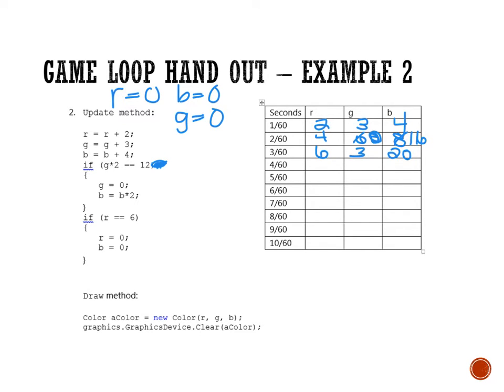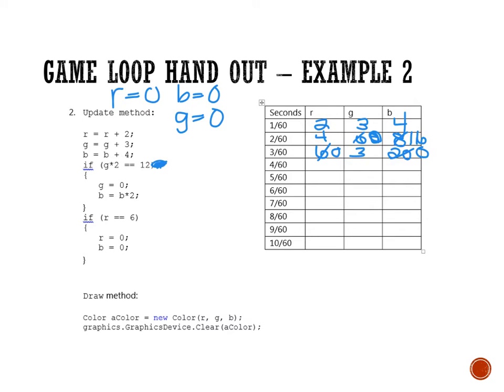Nope, that is not the case. If R is equal to 6, well, hey, R is equal to 6 in this case, so R is rewriting to 0, and B is rewriting to 0. So I can see at the end of 3/60th of a second, R is currently equal to 0, G is equal to 3, and B is equal to 0. So my values are much smaller than what they used to be.